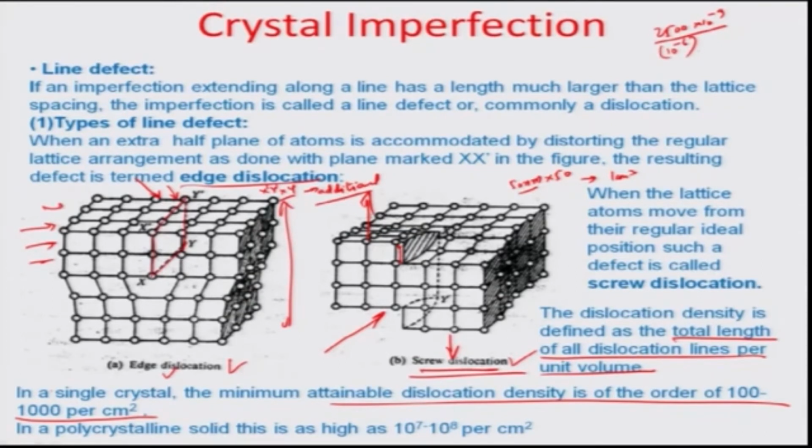And so, you can think of the dislocation density, by virtue of only 50 nanometer lines in a 1 centimeter cube volume of crystal, to be as high as 2.5 per centimeter or per meter square. Okay. So, that is how you can actually calculate the dislocation density.